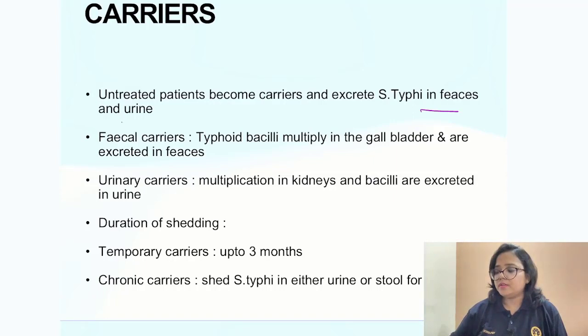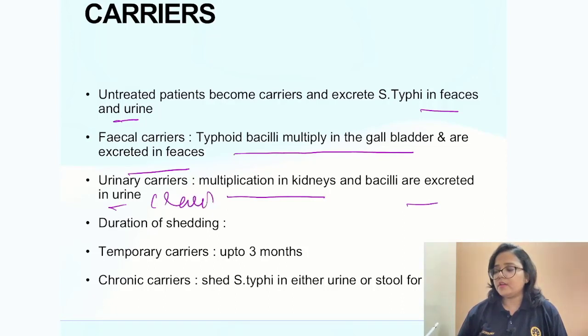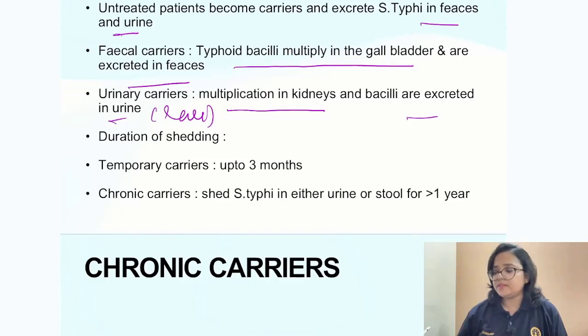feces or the urine. Fecal carriers occur when the typhoid bacilli multiply in the gallbladder and are shed in the feces, and in urinary carriers the bacilli multiply in the kidneys and are excreted in urine, though this is rare. As for duration of shedding, there may be temporary carriers up to 3 months, and chronic carriers, those who shed Salmonella typhi for even more than a year.